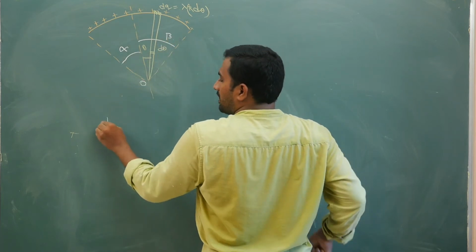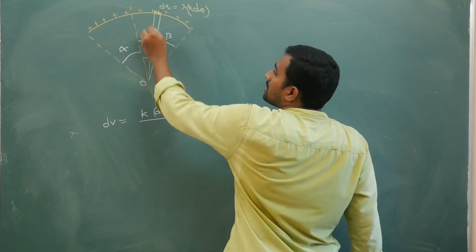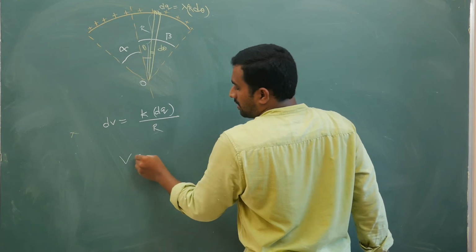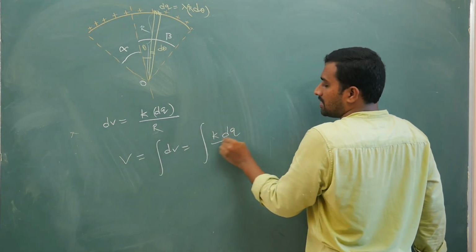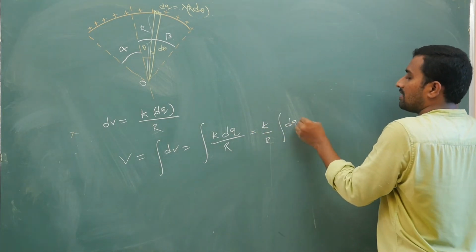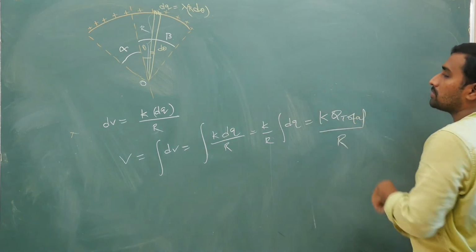Now at this point P, your small potential is k times dq by r, since it is at a distance of r. Your total potential is integral of dv, which is integral of k times dq by r, k by r times integral dq, that is equal to k times total charge by r. This is what you have.